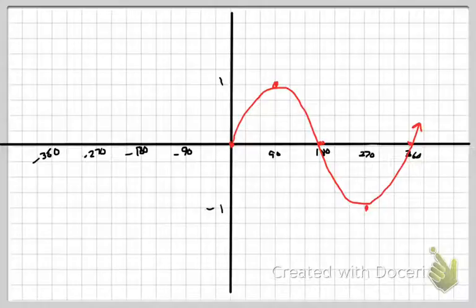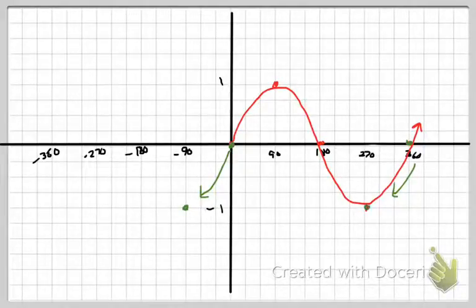Okay, and I'm going to teach you how to extend it backwards, and essentially what we're going to do is follow along with these points, and we're going to go backwards because we're extending backwards, right? So we're going to go backwards from the 0 point, and that's going to go down 90 degrees to negative 1, which is here.